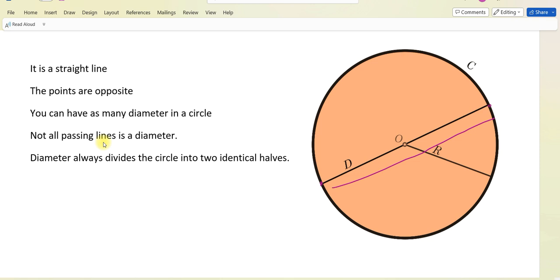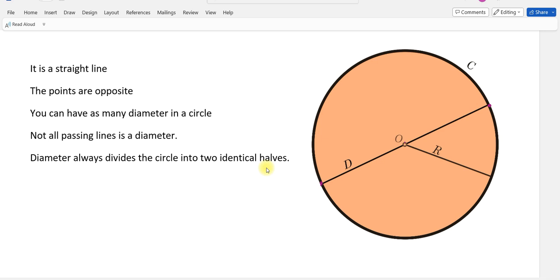The two points you are joining will always have to be opposite, so you can do this way or this way, but they have to be opposite points, and it has to be a straight line. You can draw many diameters, but make sure it is a straight line passing through the center of the circle, and it is on opposite sides. Only then is it considered to be a diameter.